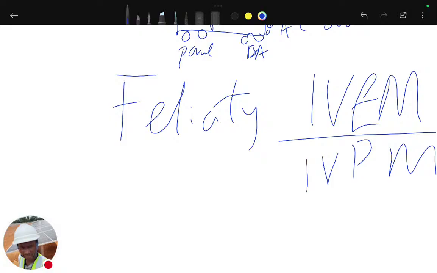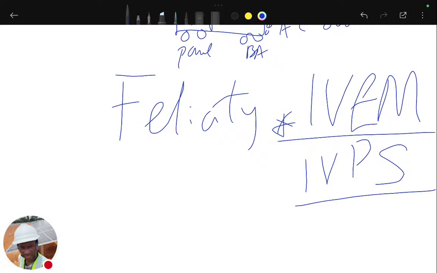Yes, under pure sine wave inverters, we have inverters that don't use a transformer, they just use inductors and so forth. And we have the IVPS, which uses a transformer, by the way. But I usually prefer to use the IVEM because they're hybrid and they're smarter. But IVEM starts from 3 kVA.